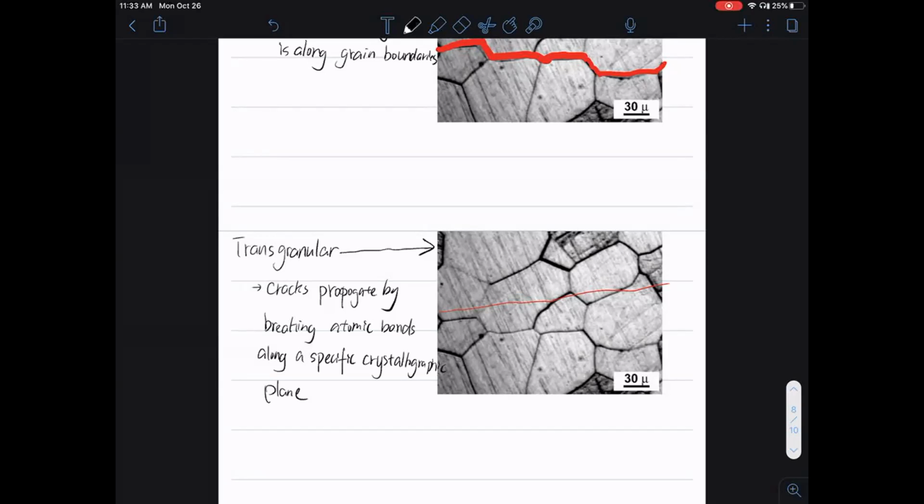Okay. So let's learn what fatigue is and how to do a fatigue test.